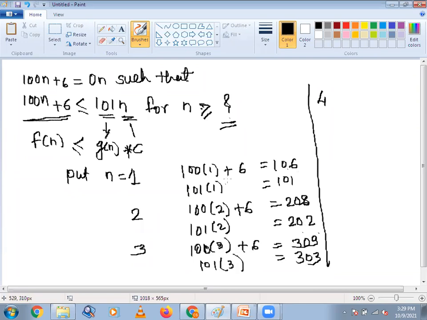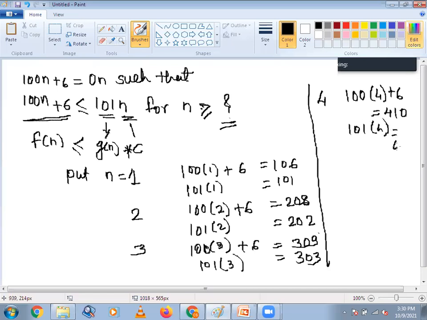Then put n is equal to 4. N is equal to 5.